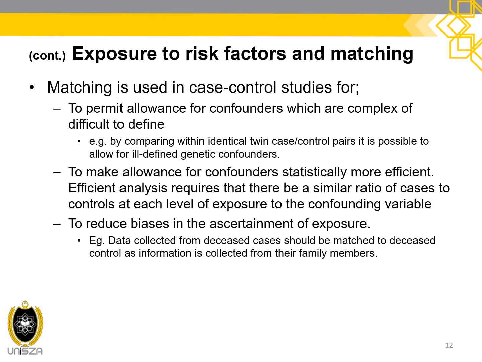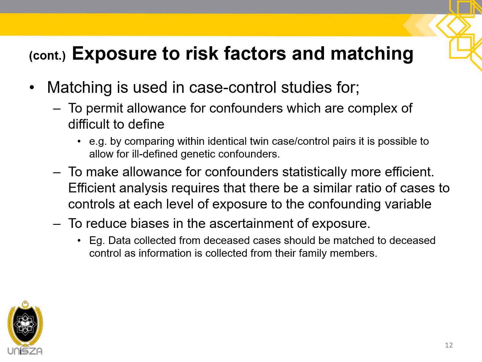Matching is used in case control studies to permit allowance for confounders which are complex or difficult to define. For example, by comparing within identical twin case or control pairs, it is possible to allow for ill-defined genetic confounders. Matching is also used to make allowance for confounders statistically more efficient.